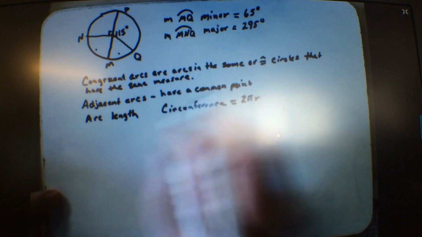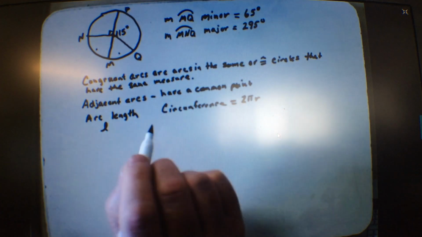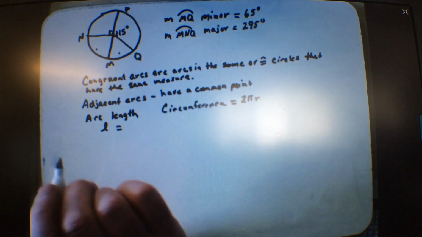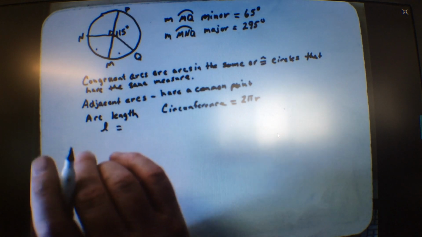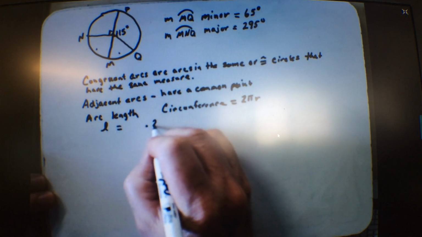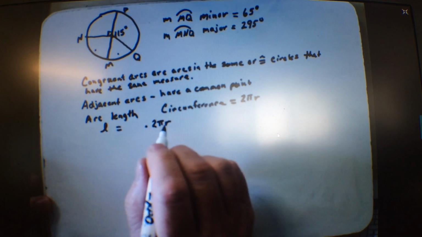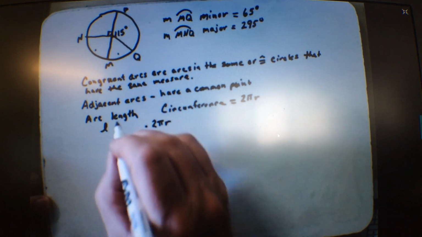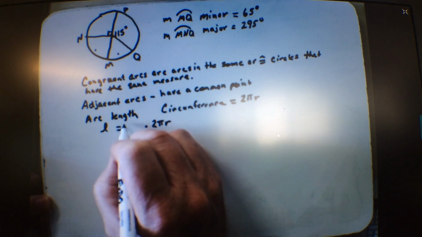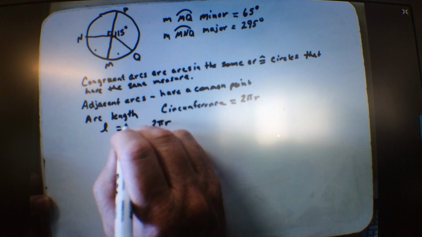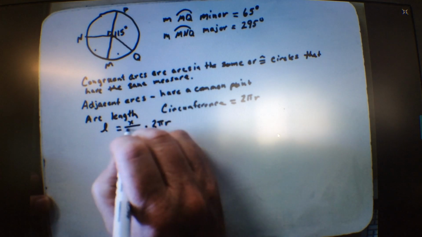Okay, so to find arc length, we use the letter L. The arc length is equal to how much of the circle you have, right? So we have to take something times 2 pi r. So the arc length equals the degrees, and this book uses x out of 360.